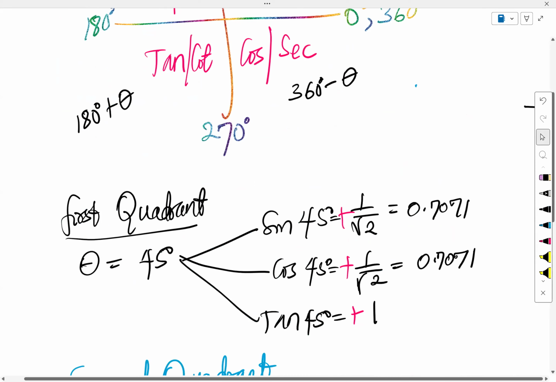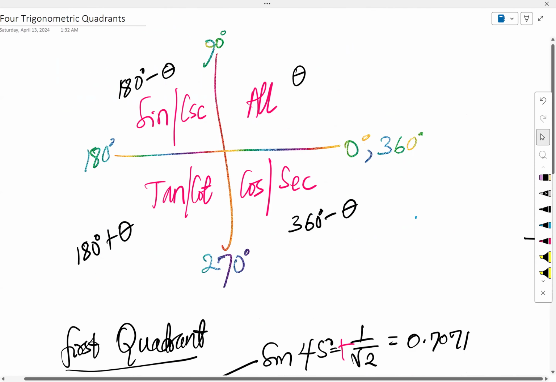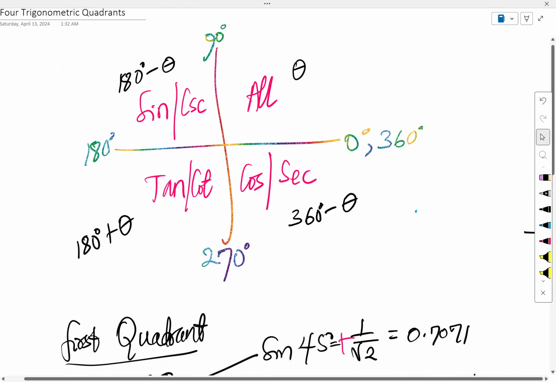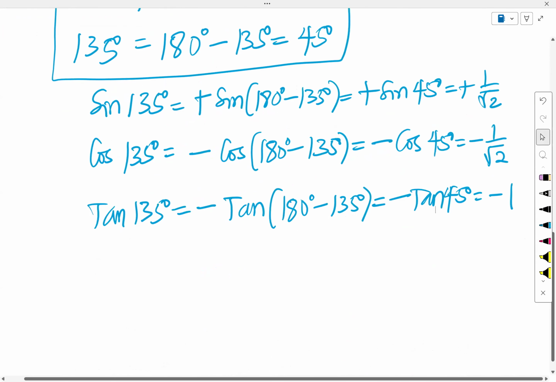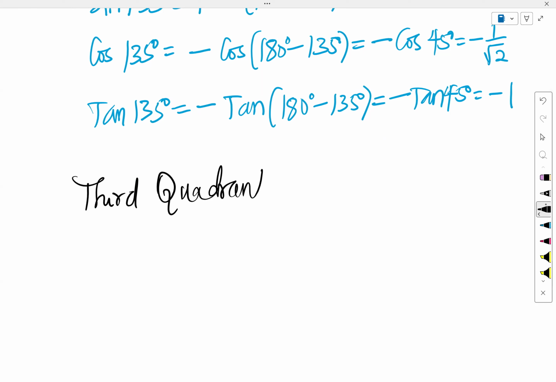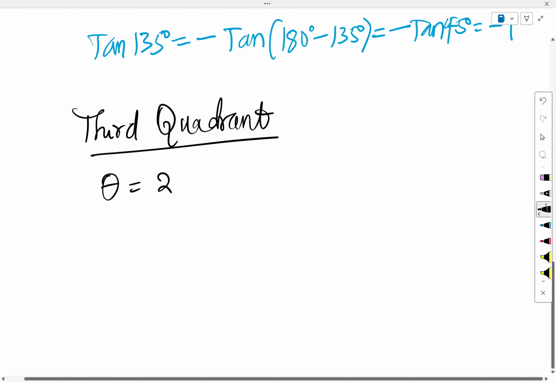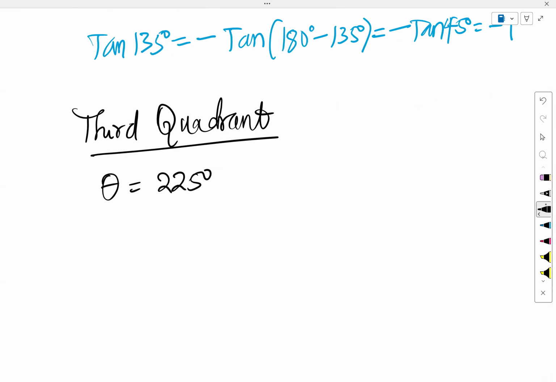So when we go into the third quadrant, still talking about something like 45 degrees, here you're going to have 225 degrees. In the third quadrant, let's say that you have a theta that is 225 degrees.